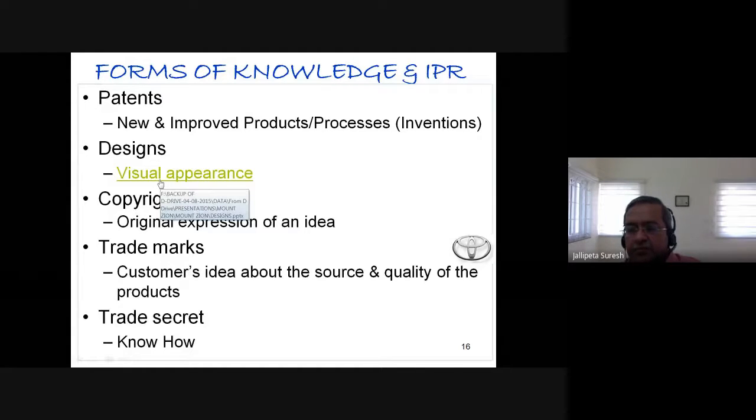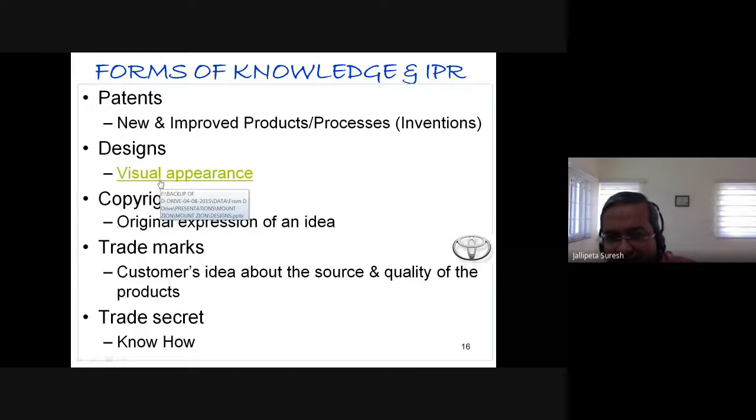We are looking at a product, and we may not be particular about how the product works, but how it looks. The aesthetically appealing features of a product leave a visual impression on me. In other words, I'm influenced by the way a product looks, but not the way it works.